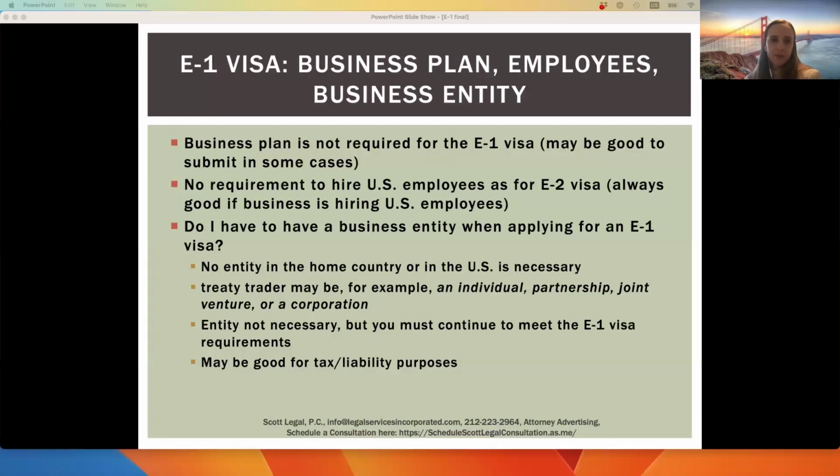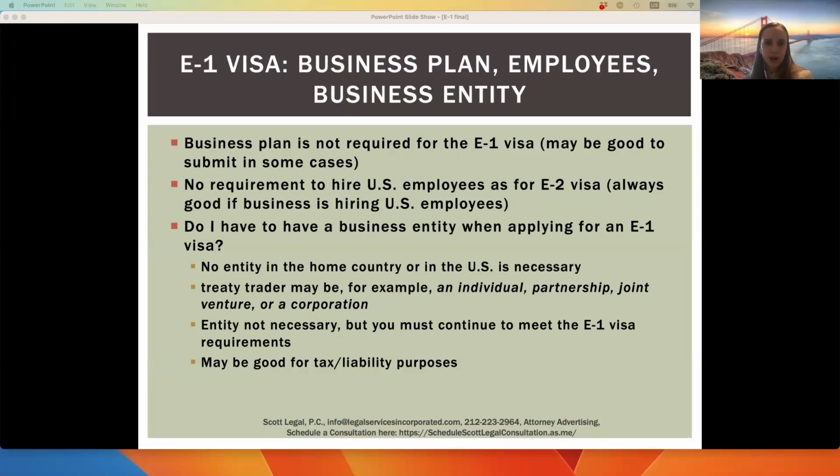But let's say that you just started trading a year ago, the trade is around, I don't know, $250,000 a year, and you have 5 or 6 clients. In this case, it may be good to submit the business plan, to describe how you plan to get additional clients in the future, what you expect the revenue to be in the next 5 years, and whether you plan to hire employees in the US.